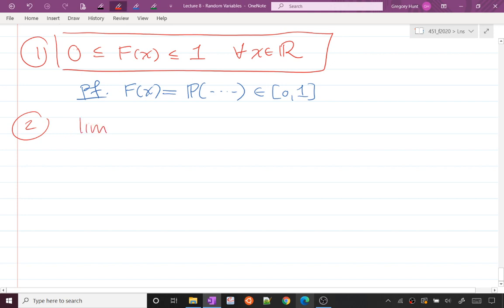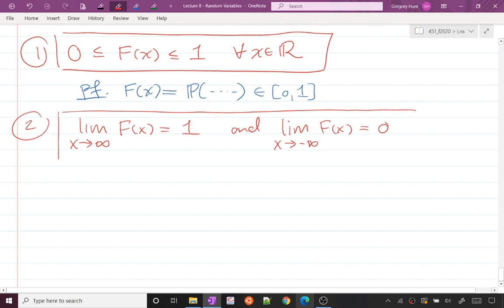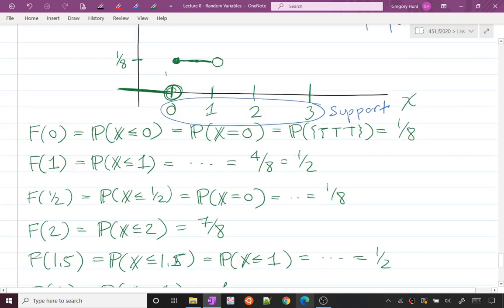The limit as x goes to infinity of F(x) is always 1, and the limit as x goes to negative infinity is 0. It always ends up at 1 and starts at 0.